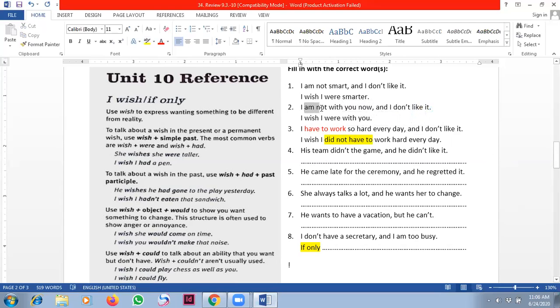When the reality is negative, the wish is positive, the other way around, because you wish something different. I am not smart, and then I wish I were smart. This is the conditional, and this is the reality. They are different: negative, positive, positive, negative, and so on.